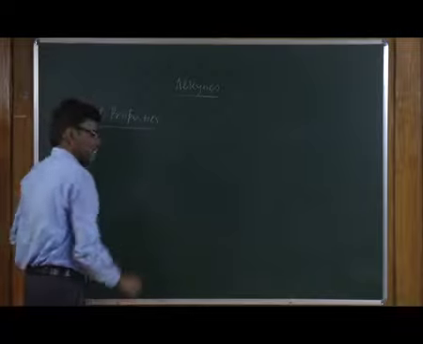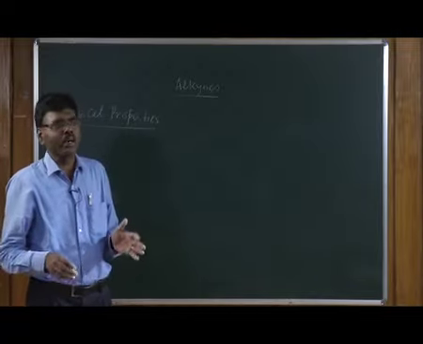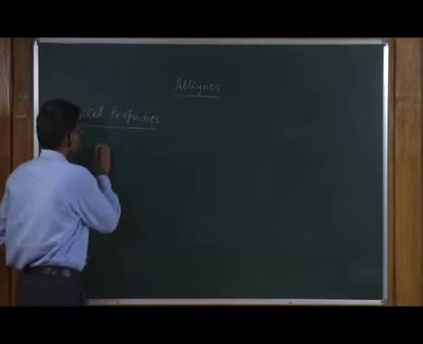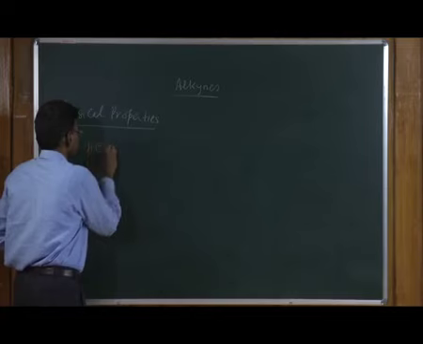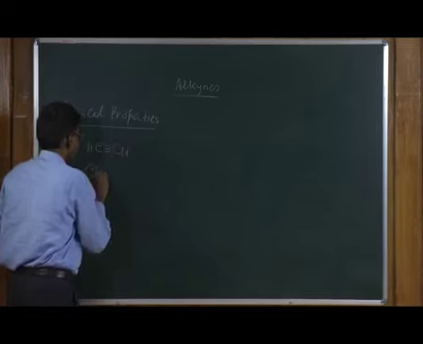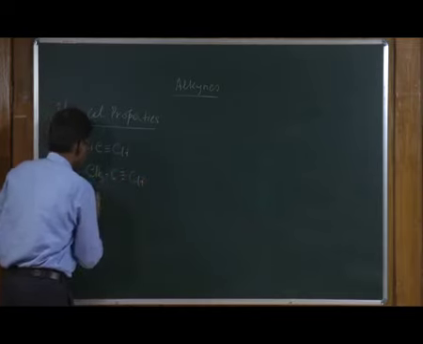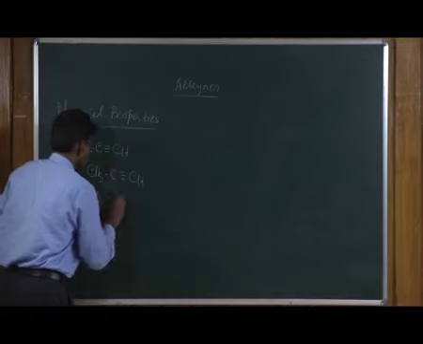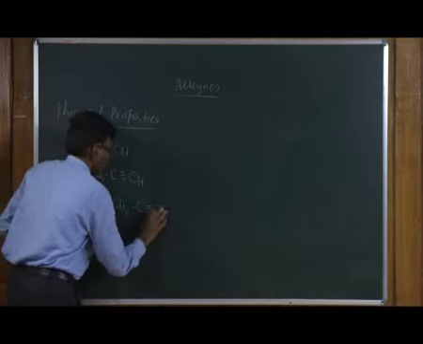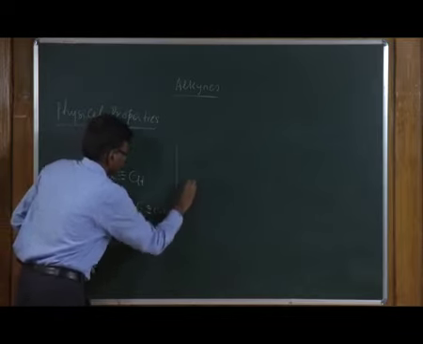As we have seen in the previous classes about alkanes and alkenes, the first three members of the series, ethyne, propyne, butyne, they are gases.